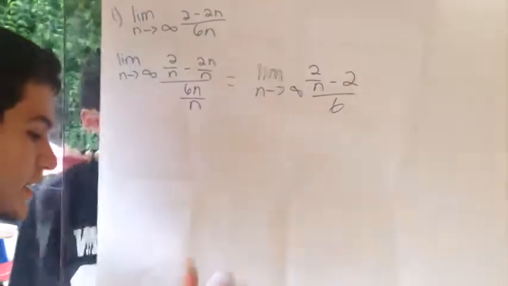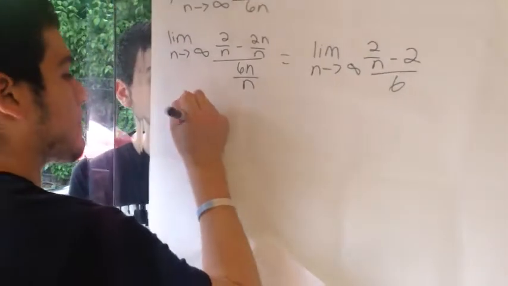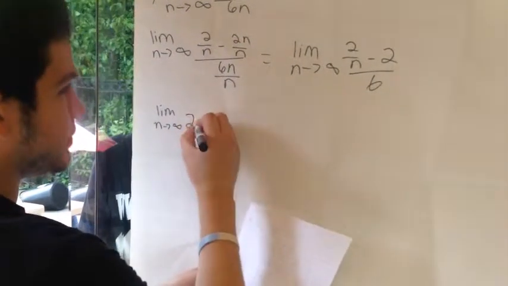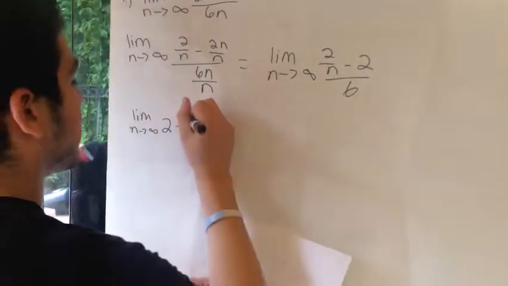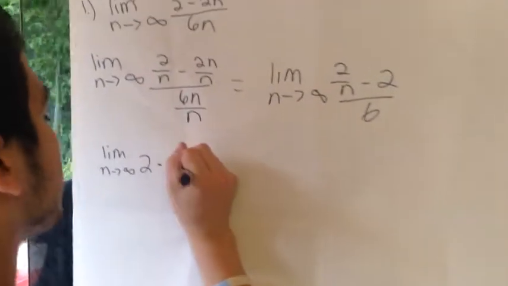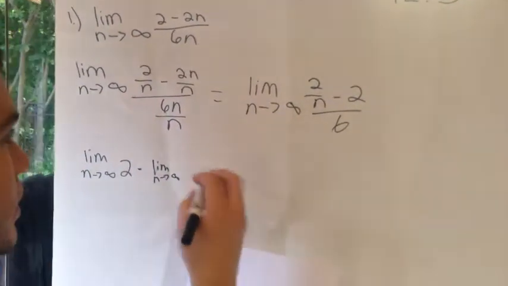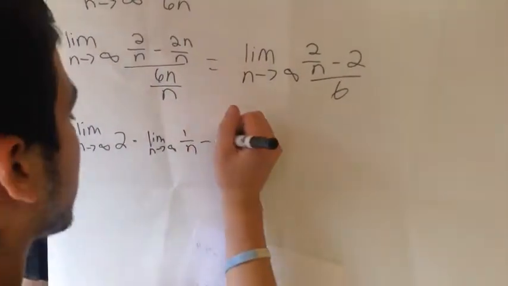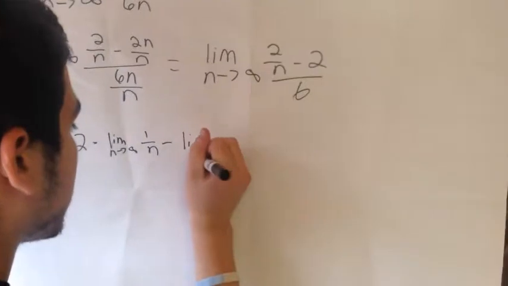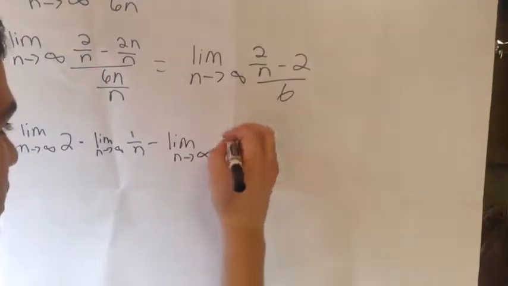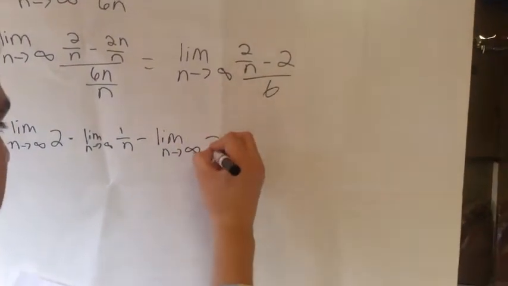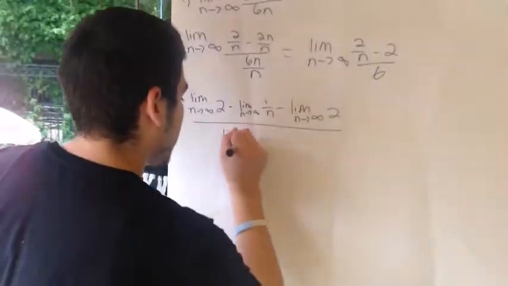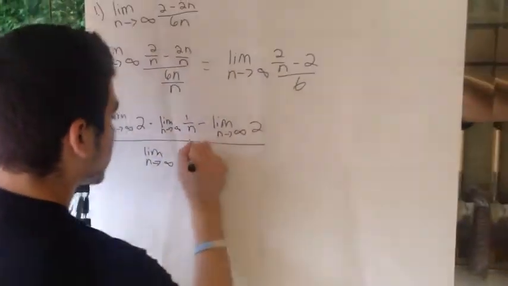You take the limit as n approaches infinity of 2 times the limit of 1 over n, minus the limit of 2 over the limit of 6.